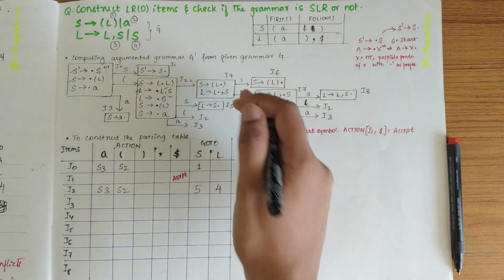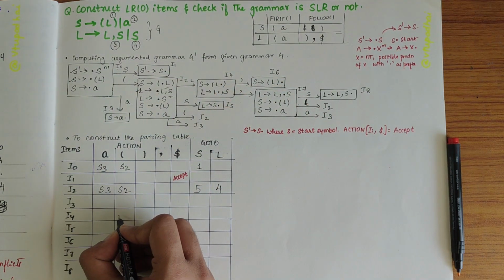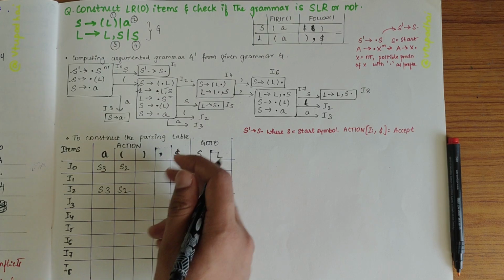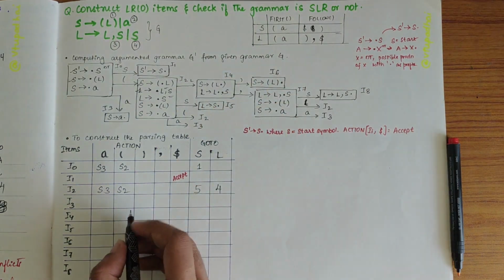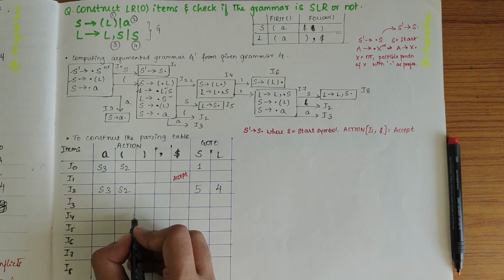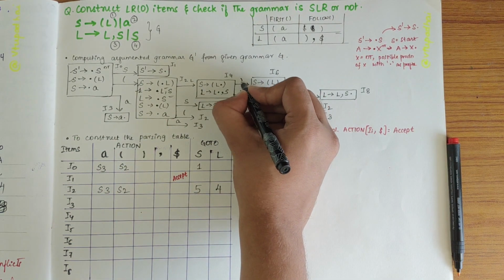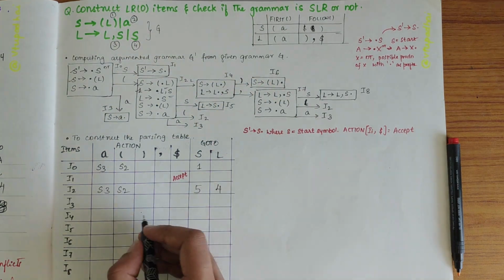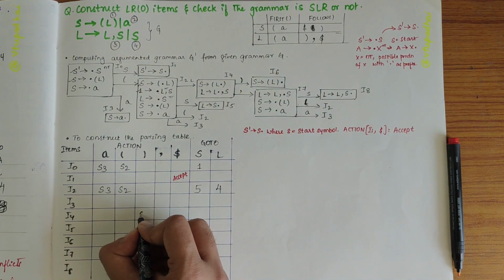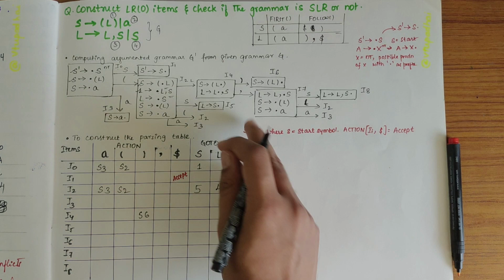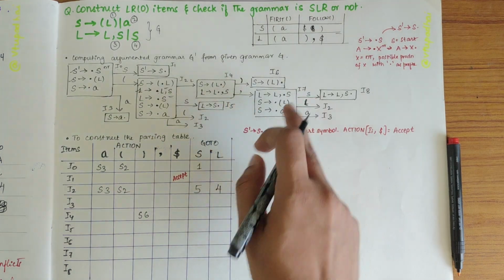So I4 over close bracket I get I6, that is shift of 6. I4 over comma I get S7.